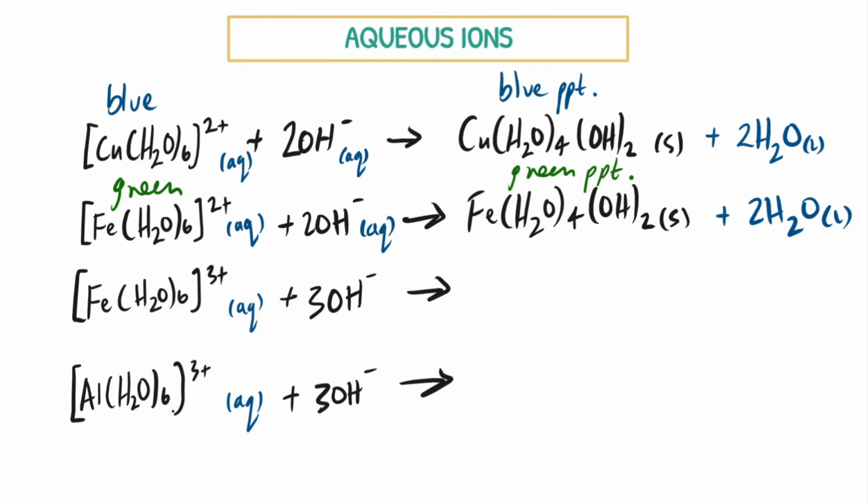And the main difference here for these two 3+ ions is instead of it being 4 molecules of H2O and 2 OH minuses, or 2 hydroxide right here, it's going to be 3 of each. Okay, so it's going to be Fe, H2O 3, and then OH 3. Okay, and again, this is a precipitate, so really keep that change in state in mind.